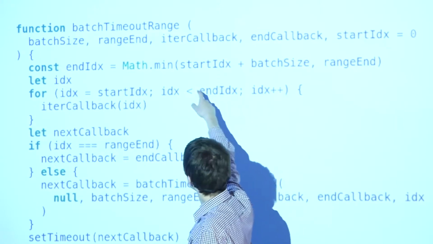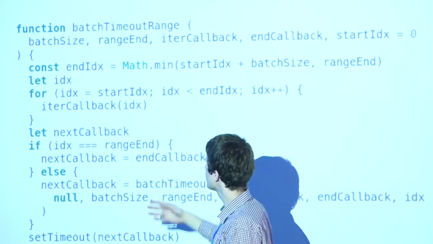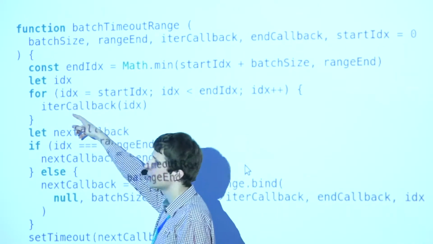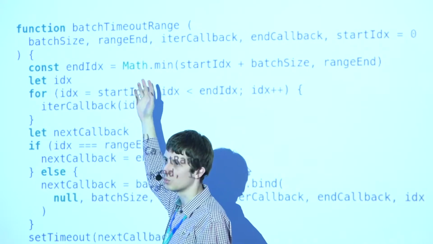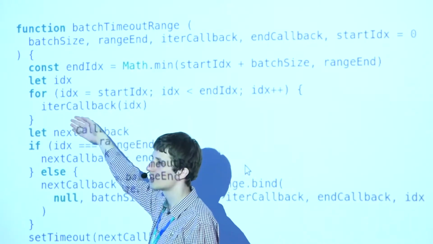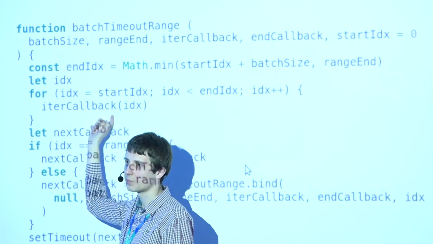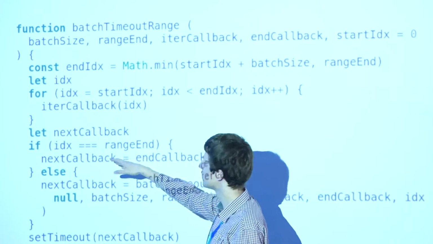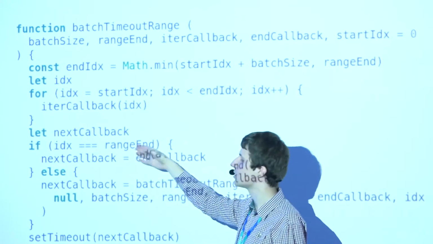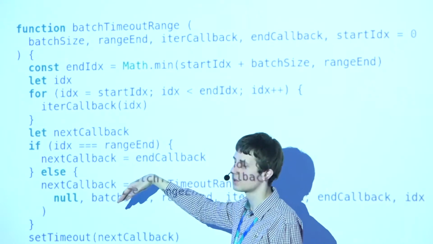What happens is we first determine to which index we go in this particular batch, and then we execute the iteration callback as many times as the batch size wants us to. So, for example, if we want to do 5 lines at a time, we'll execute this particular callback 5 times. Then we just need to check if we reached the end, or we didn't and we still have some stuff to do.